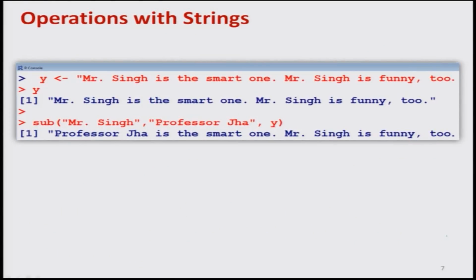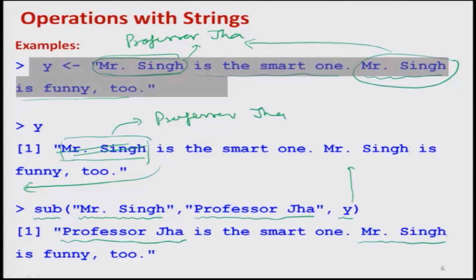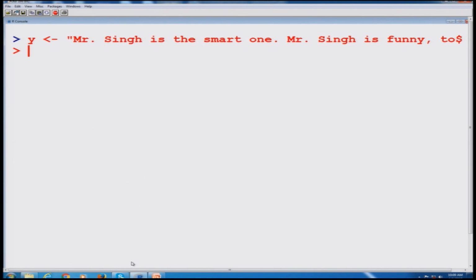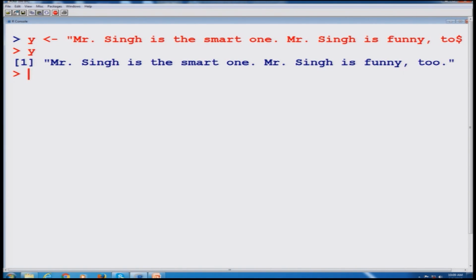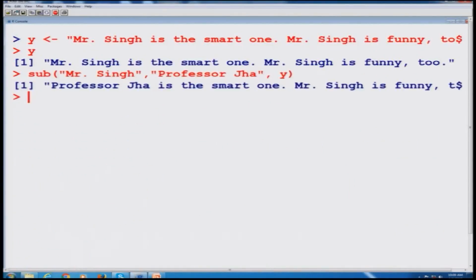And here is the outcome in the screenshot, but let us try to do it so that you get confidence that yes, the things are happening. So, I copy this command over here, come back to the R console, create my Y, you can see here this is my Y, and then I use the same command and let us see what happens.